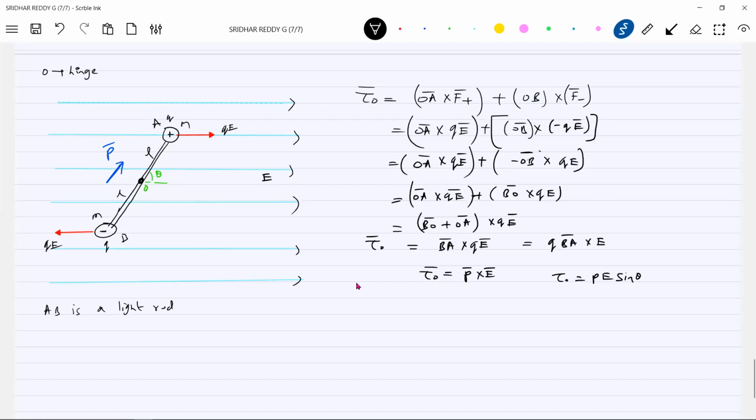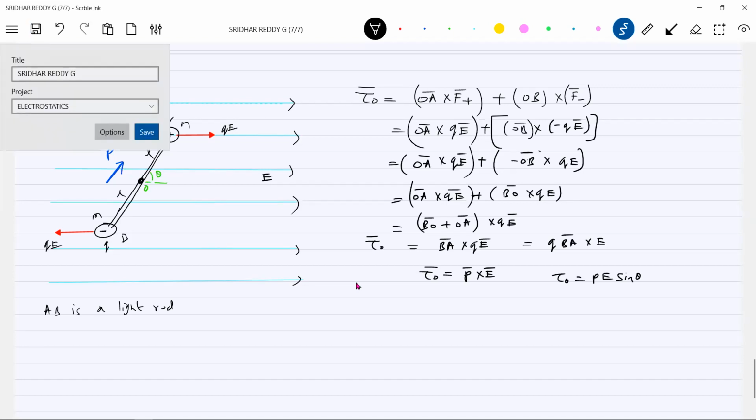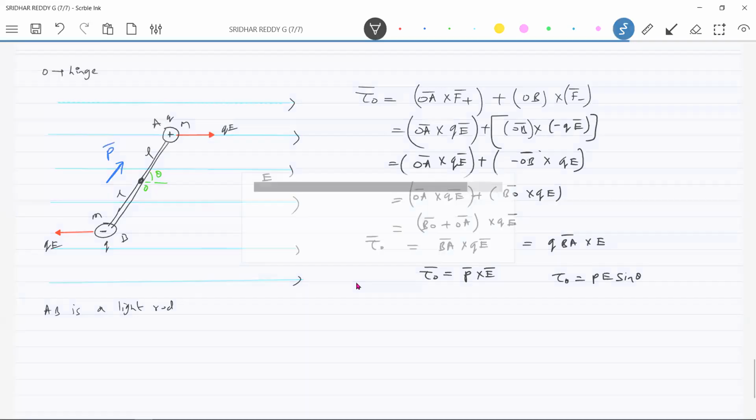What is the theta now? The angle between the dipole moment and the electric field strength vector. Similarly, is there any interaction between the point charge and the field? Yes, there is interaction.